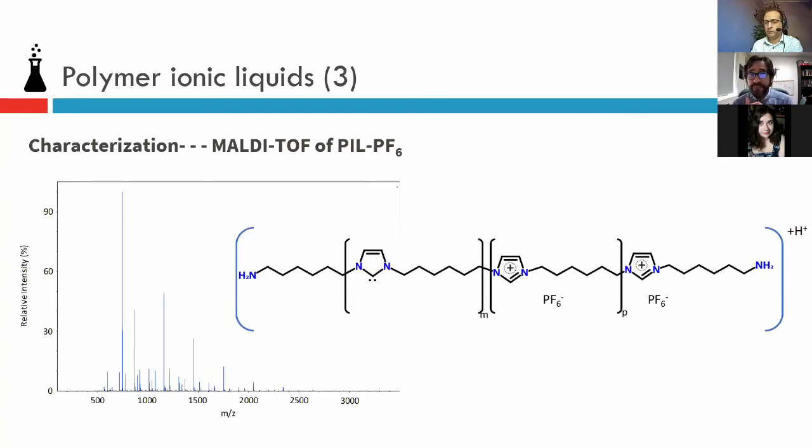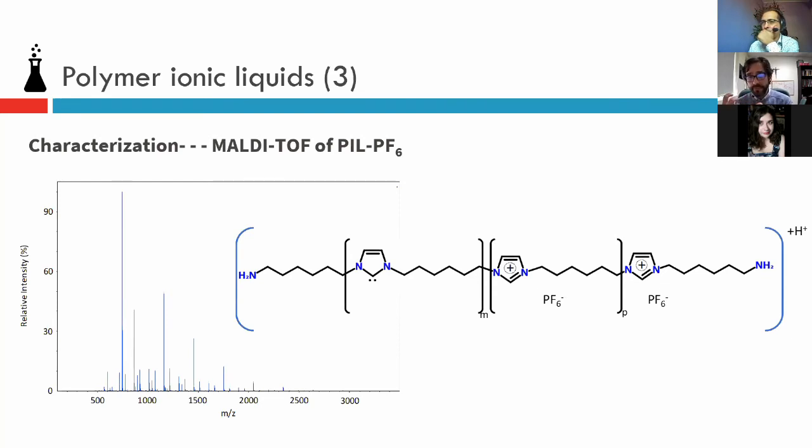We checked that we can apply the metathesis reaction with this type of polymers. So if we take, for example, the polymer in the acetate form, which is soluble in water, and we add hexafluorophosphate, we can create a biphasic system. It's not as easy as, for example, occurs with the monomeric or normal ionic liquids, but you can do it.